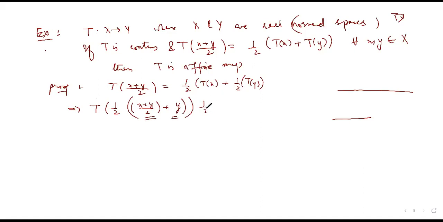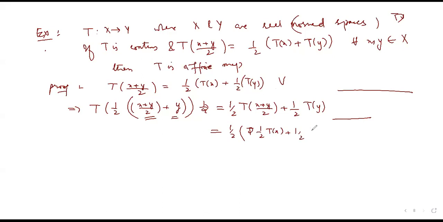So this would be equal to 1 by 2 by the same formula, क्योंकि for all x है तो (x plus y)/2 भी हो सकता है. So it would be 1 by 2 into T of (x plus y)/2 plus 1 by 2 of T of y. Now by using again the same principle, this would be 1 by 2 of T of x plus 1 by 2 of T of y.